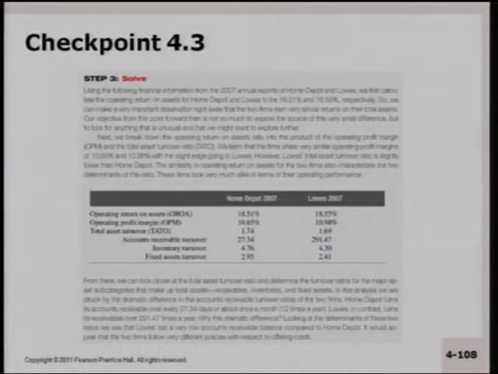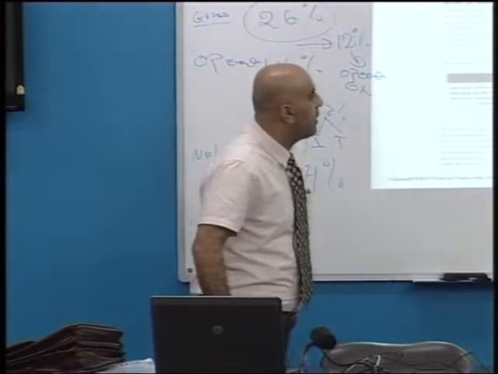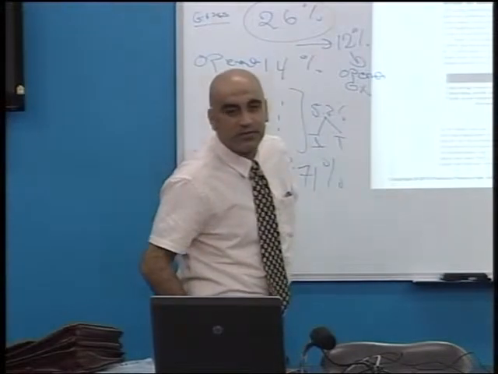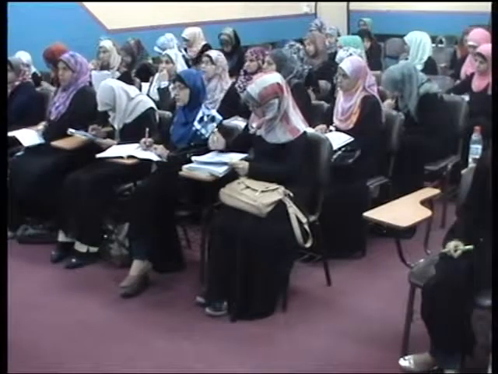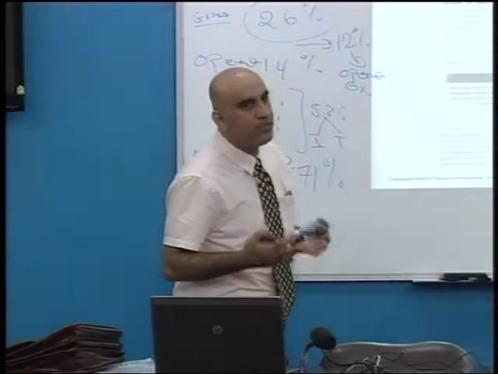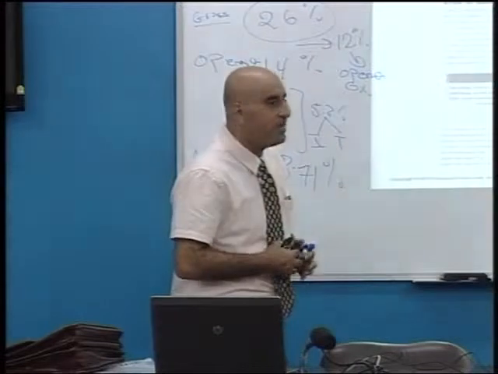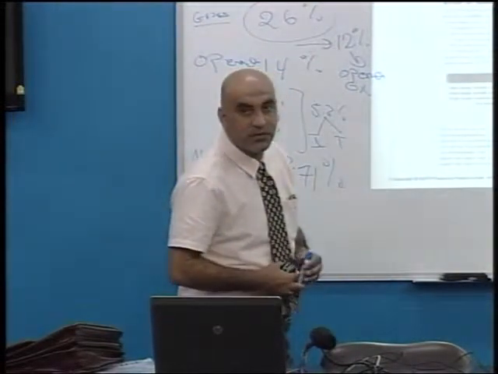The operating return on assets is 18.51% in the Home Depot 2007, compared with Lowe's at 18.55%. What do you think about this? The second, but there is no significant difference between them. Yes, you are right. We prefer the second. However, no significant difference between the first and the second one.